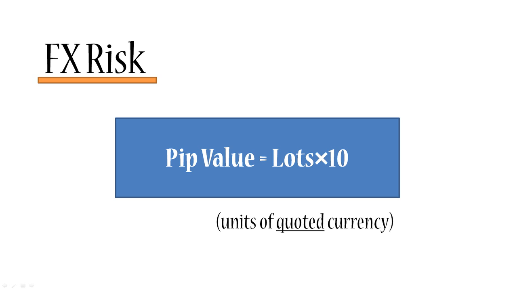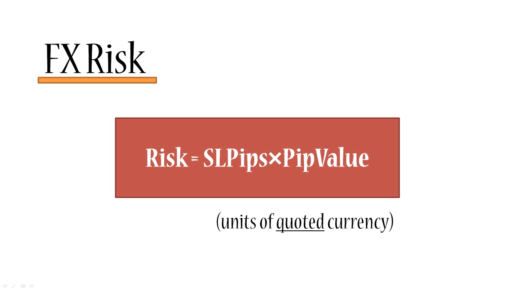Okay, so now we're going to create an even more powerful formula out of this, and it'll be very simple. We're going to create a formula to calculate our risks on the Forex market. So let's look at a very intuitive formula. This red formula is very straightforward and easy to understand.